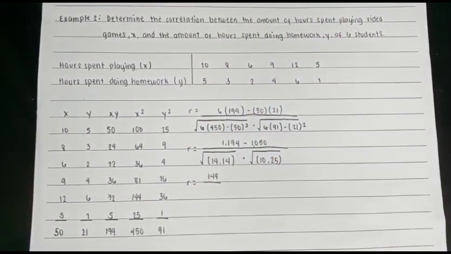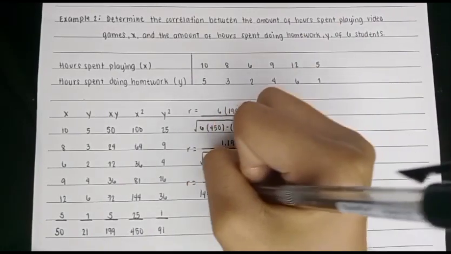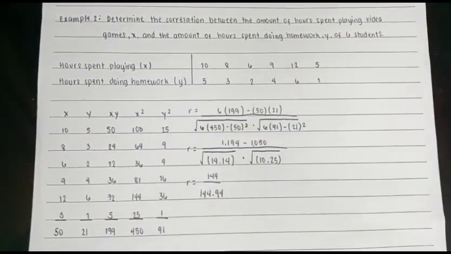Then, yung nasa baba naman, which is 14.14 times 10.5 is equal to 144.94. To get the final answer, let's just simply divide 144 and 144.94 and the answer will be 0.99.